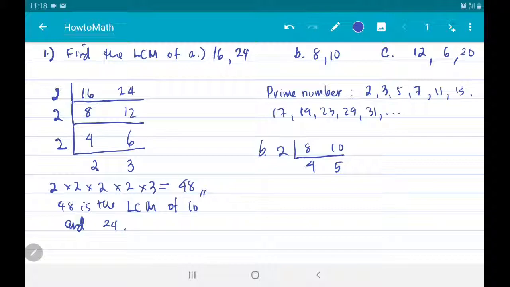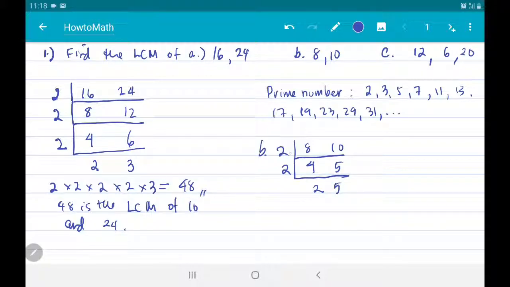So we divide 4 by 2. 4 divided by 2 is 2. Now what happens if you cannot divide? 5 divided by 2 is 2.5. So if the number is not divisible by the prime number, you just copy. So just copy 5 here.